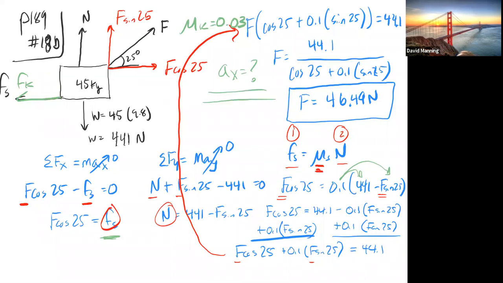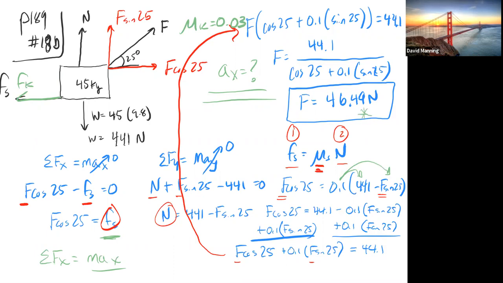So when you do your equation, the sum of the forces in the x equals max, you now have Fk. The force you already know, you just solved for it, 46.49. So you have to go backwards a little bit. I've done the hard work for you.